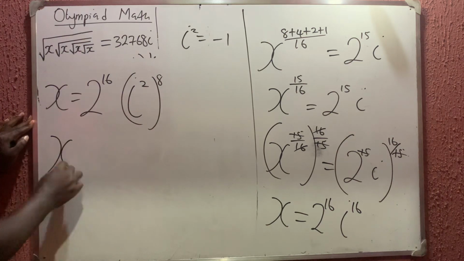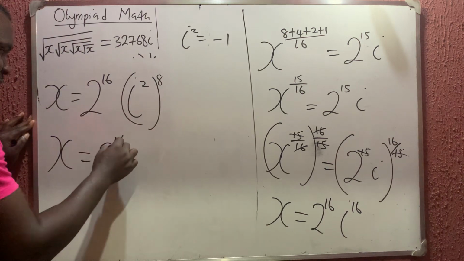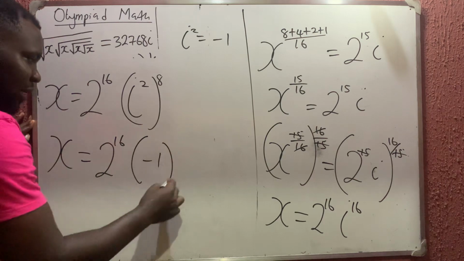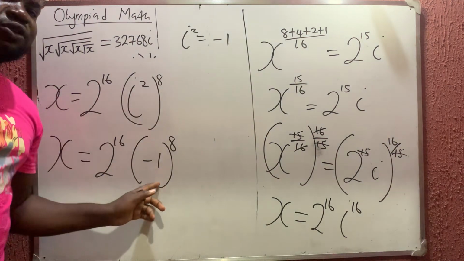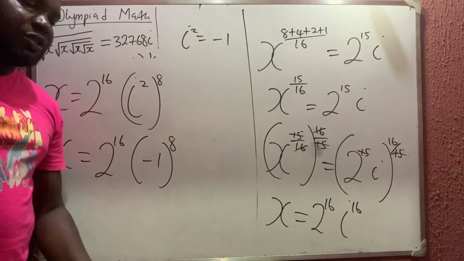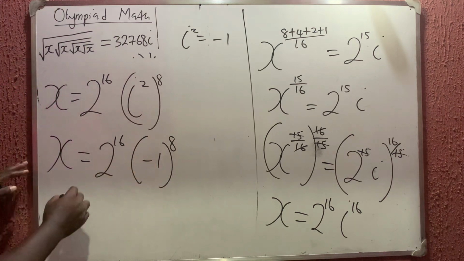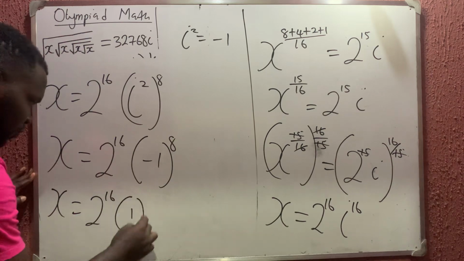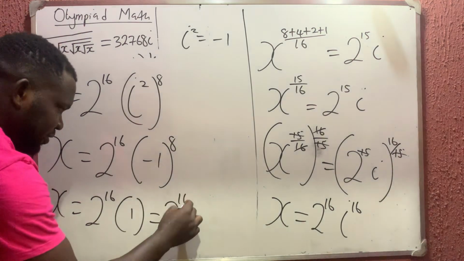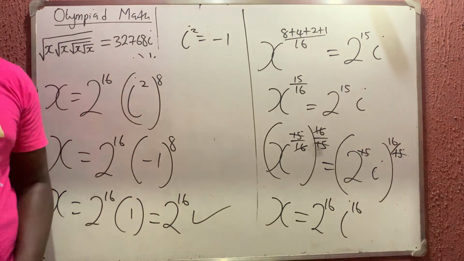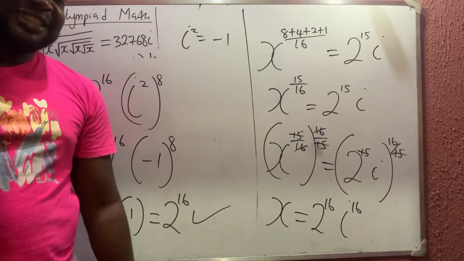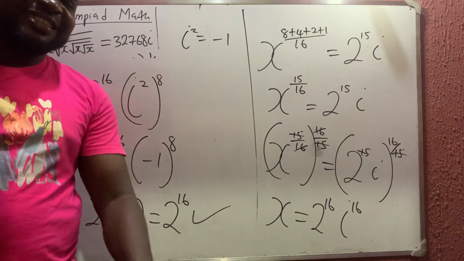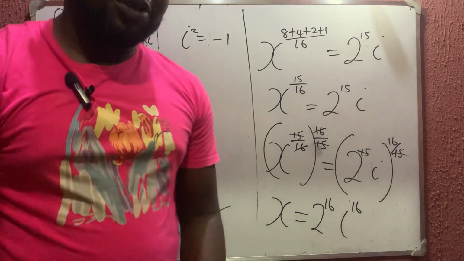So I'm having that x is equal to 2 raised to power 16 in bracket of minus 1 raised to power 8. And minus 1 raised to an even power is positive. So x is equal to 2 raised to power 16 in bracket of 1, which is 2 raised to power 16. Very simple. So thank you very much for watching. Peace of the Lord be with you.